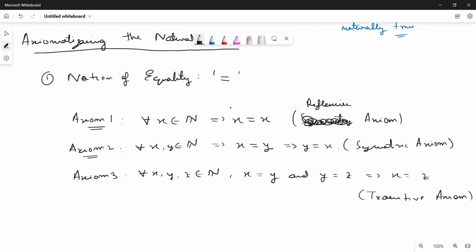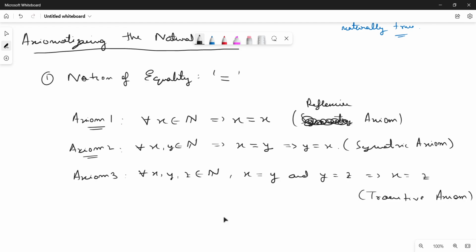These three are the most basic axioms we have regarding equality, and equality is no doubt one of the most important notions in our mathematical theory. Is it clear?